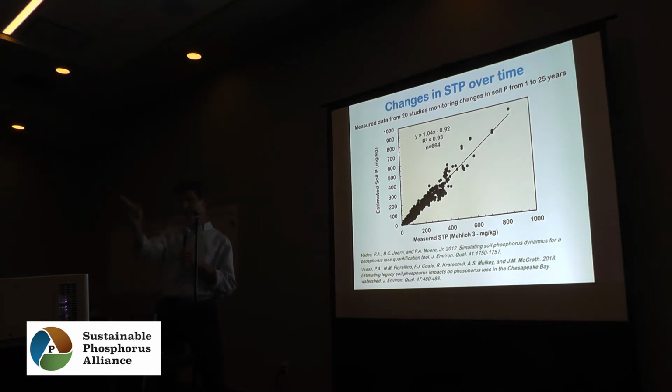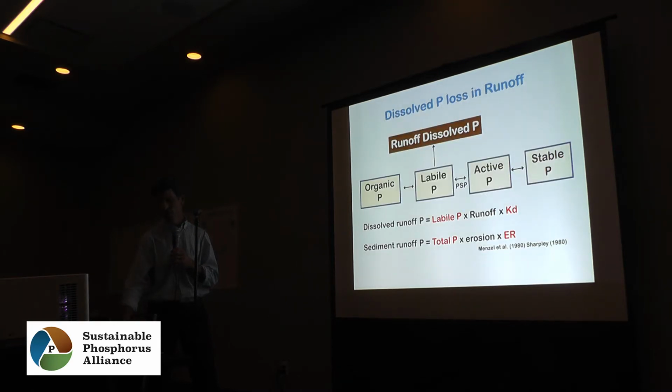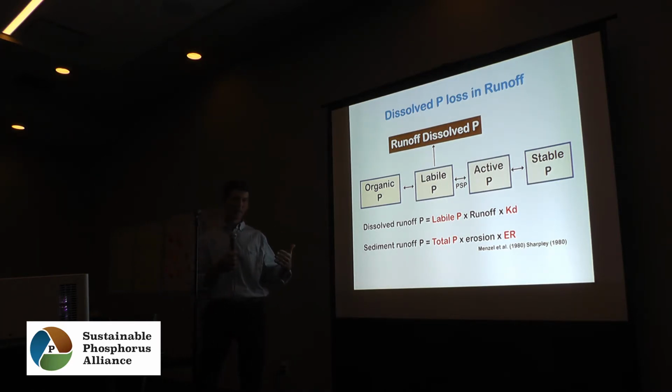While it doesn't necessarily represent a lot of the details that Chad got into, it does a very good job. The next thing is, as we're looking at soil P changes through time, we want to make sure that as we're simulating this phosphorus in the soil, it's feeding our pathways of loss properly.